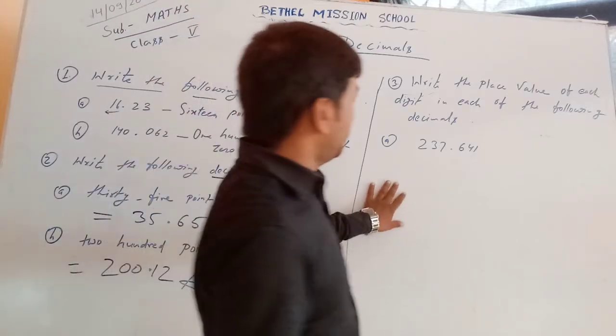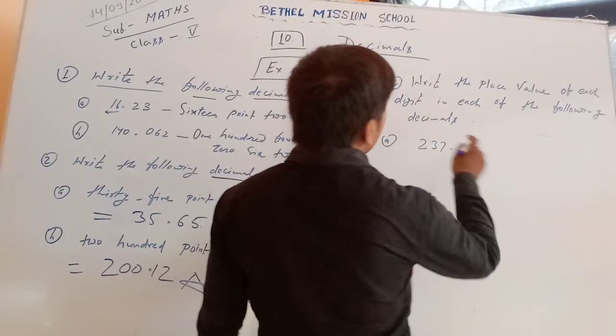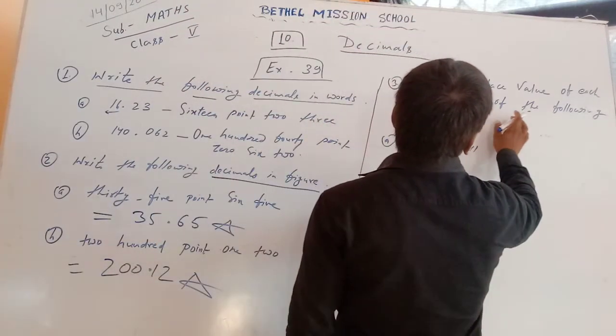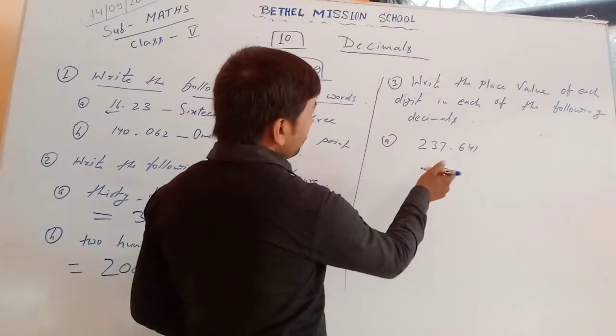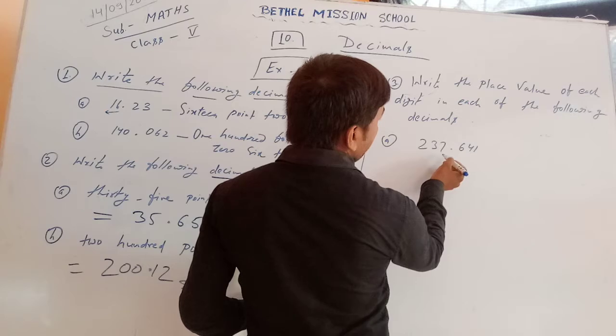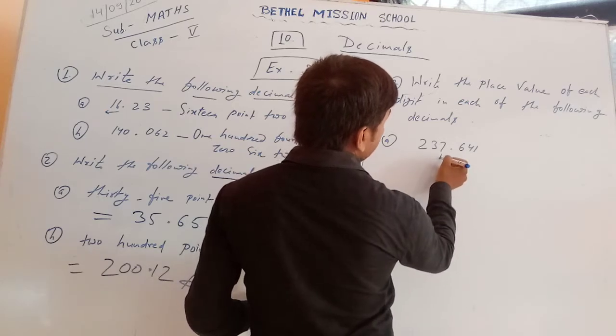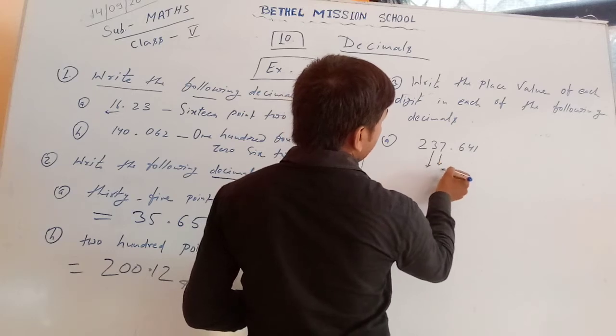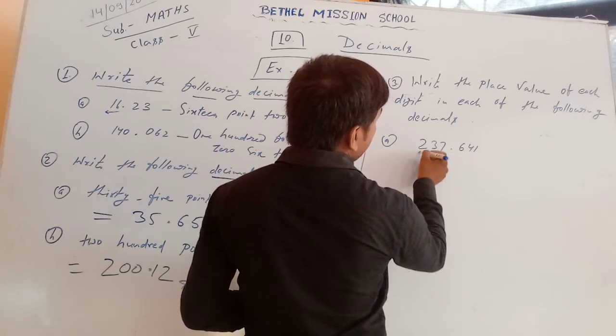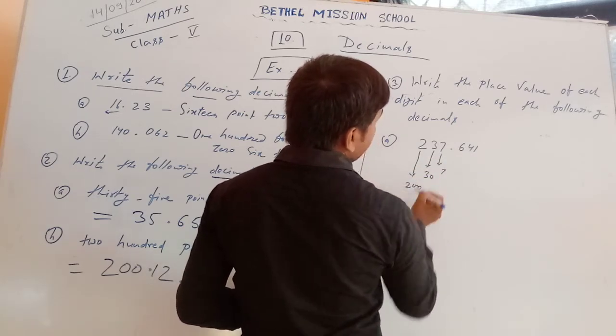Now question 3: write the place value of each digit in each of the following decimals. This is 7, this is 30, and this is 200.